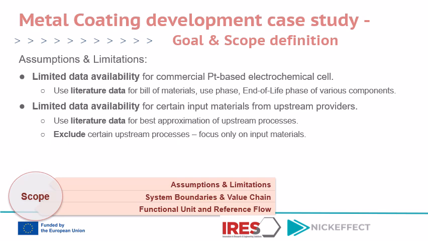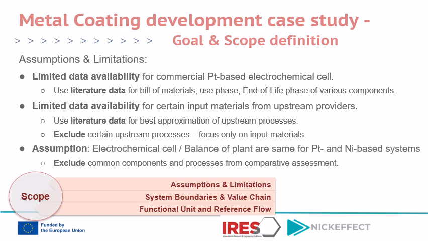What we plan to do to address this is to select literature data to find the best approximation for the upstream processes, and if needed, we can of course always exclude certain upstream processes if we feel the data quality is not what we want within this LCA study. Then some processes can be excluded and we focus only on the materials themselves.